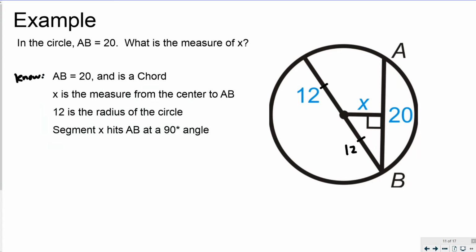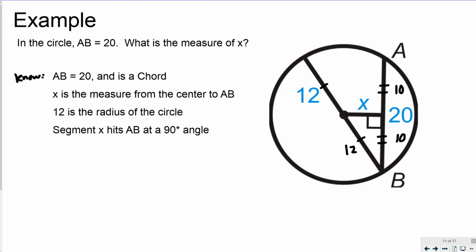So then that means I can use the special property, and the special property says that these two intersect at 90 degrees and, therefore, I can split this into two congruent halves. So this is 10 up here, and this is 10 right here. And now I think I have all of the information that I need to solve this problem.